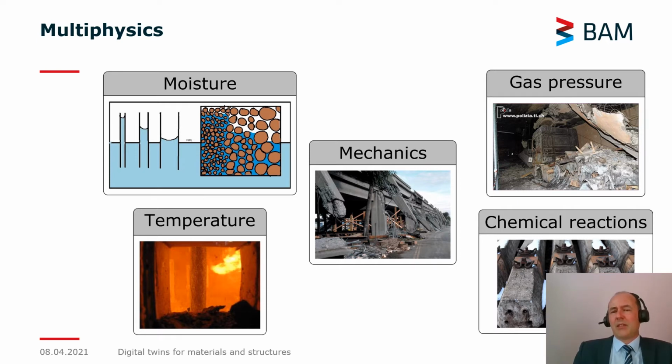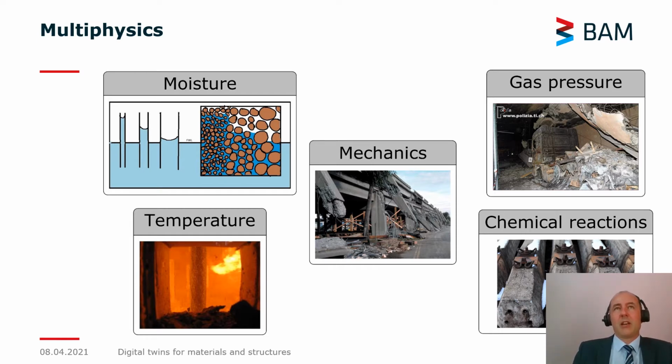But the reality is, in particular if you're interested in failure scenarios, that there are lots of different phenomena that are interacting. First of all, there's the moisture transport in porous media. If you look at tunnels, many issues are related to temperature, like fire scenarios, and in many cases there's an interaction that leads to high gas pressures within the porous media that actually leads to something like what we call spalling phenomena.